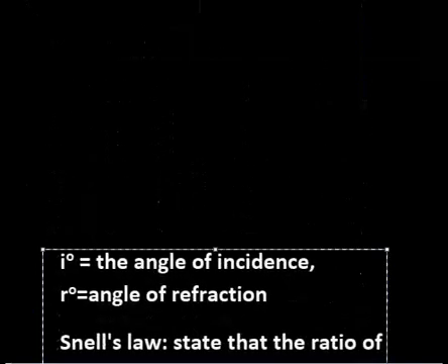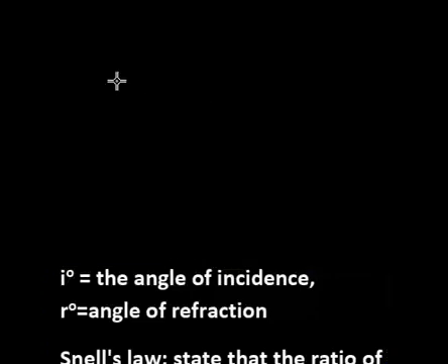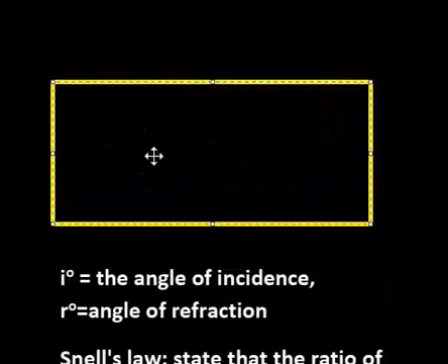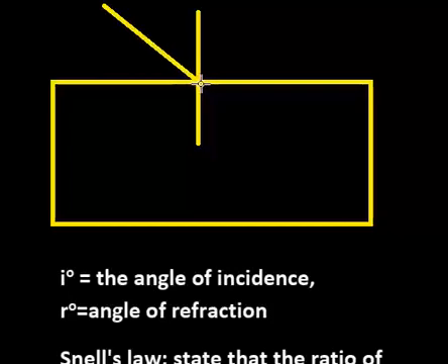Now if I want to illustrate how refraction of light works, let's say I create a medium. Let's say this is glass or water. This is a different medium. Then for me to illustrate that, I need to draw a normal. Any surface where refraction or reflection will occur, you need to draw a normal to that surface. Now let's say there's a ray of light, an incident ray. Of course, you know that already from when we discussed reflection.